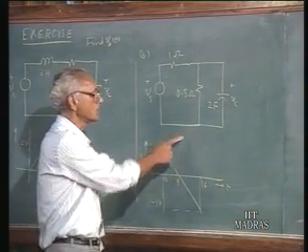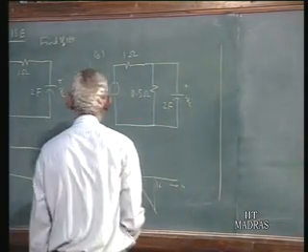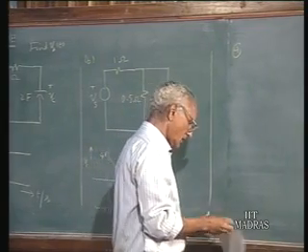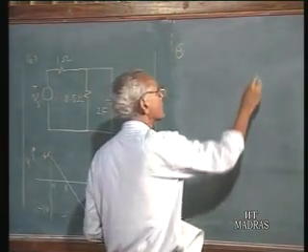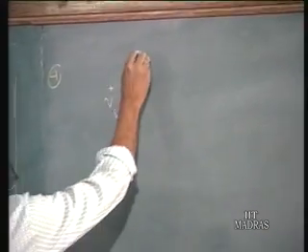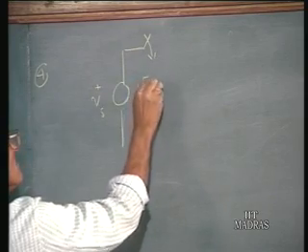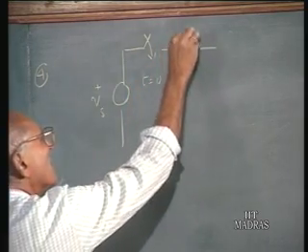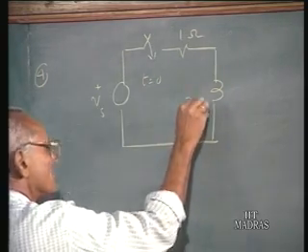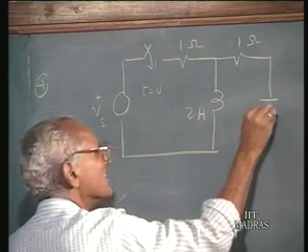Okay, so these are two circuits which you can analyze using the concept of singularity functions. The fourth problem: let us take a circuit in which a switch is closed at t equals 0, with 1 ohm, 2 henries, 1 ohm and 2 farads.